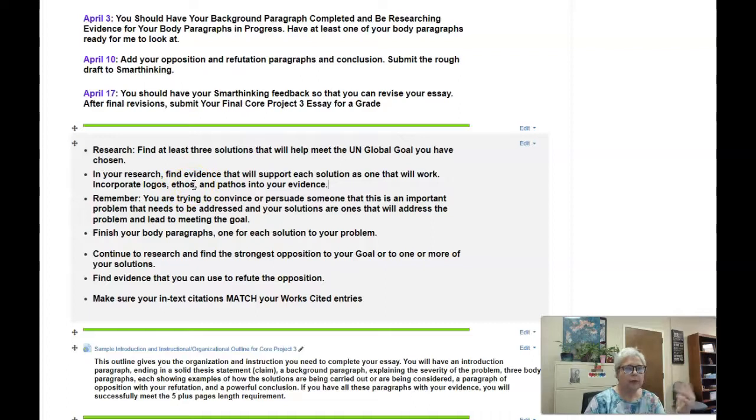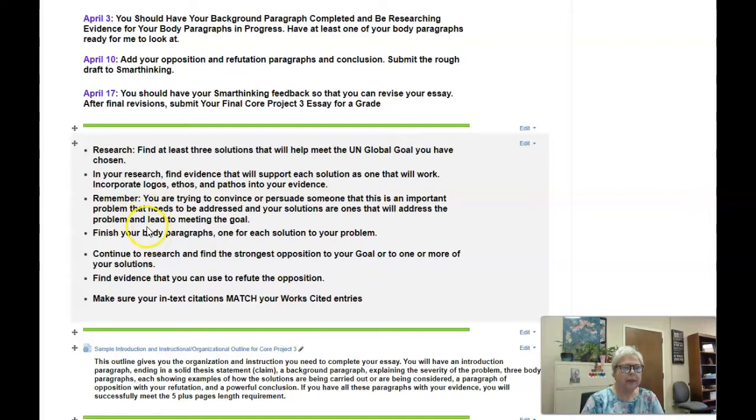And any other way that you convince your reader that it is the right thing to do, these solutions to this problem. And then pathos, of course, which we mentioned last week, which is the Greek word that is the root word for sympathy and empathy. So anything that kind of pulls at the heartstrings or even inspires people to get mad about a certain situation, that would be pathos there.